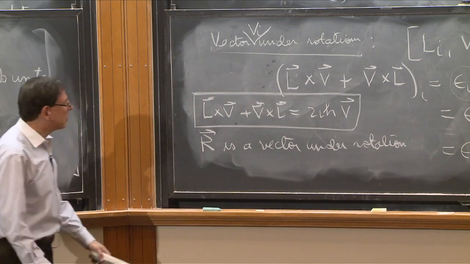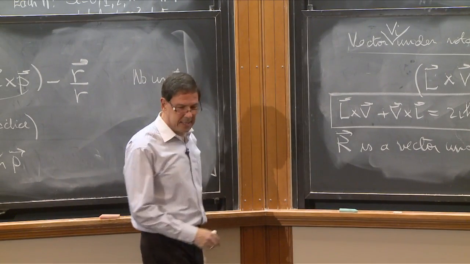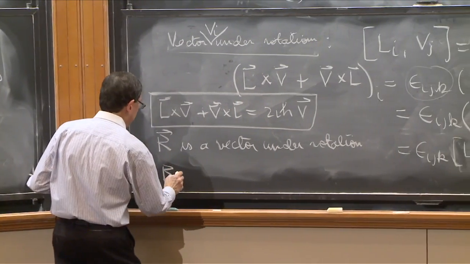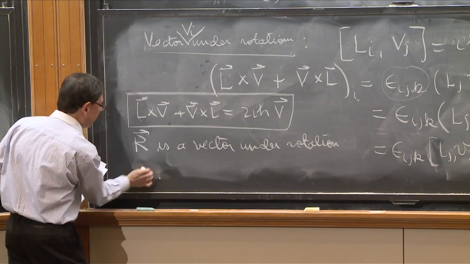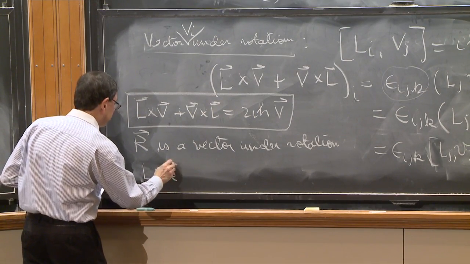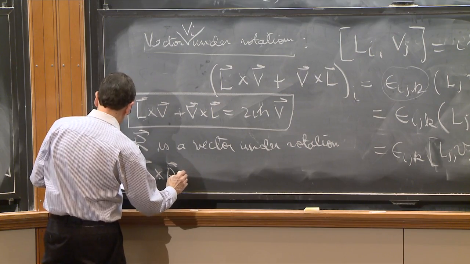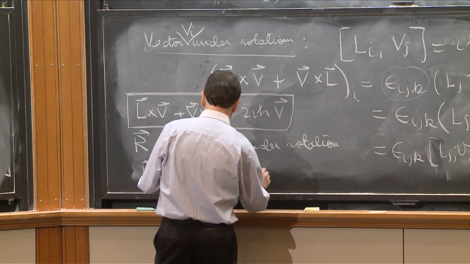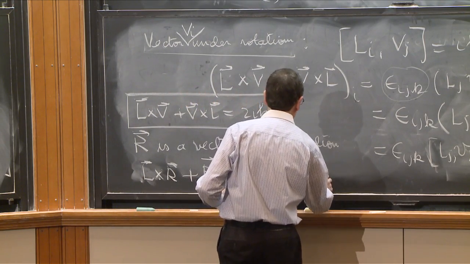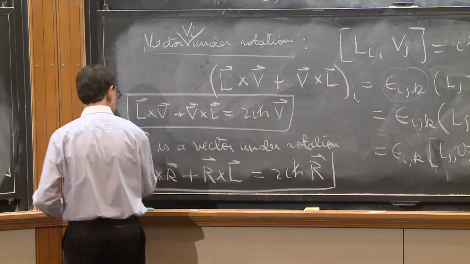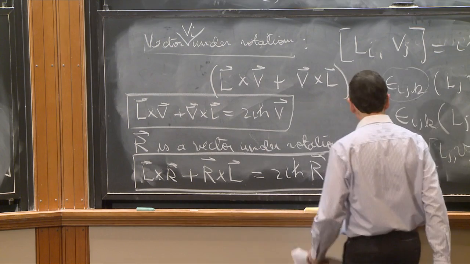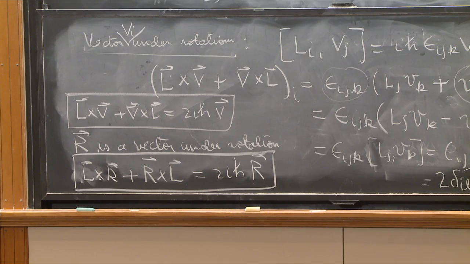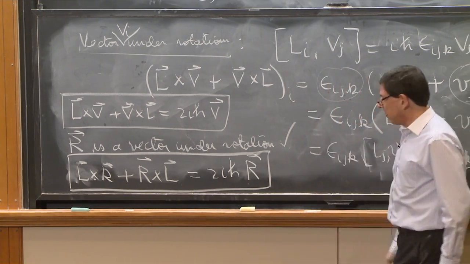Which means two things. It means that it satisfies this kind of equation. So L cross R plus R cross L is equal to i h bar R. So R is a vector under rotation, it's a fact beyond doubt.